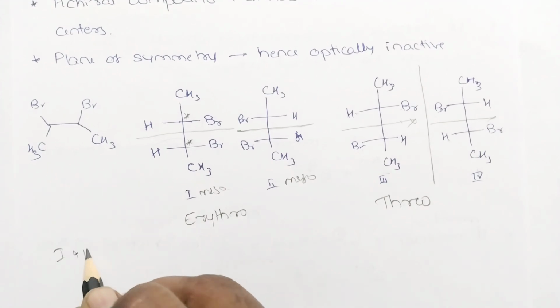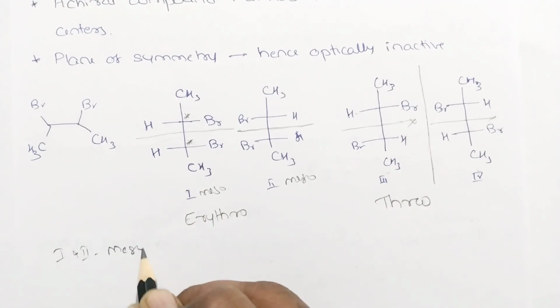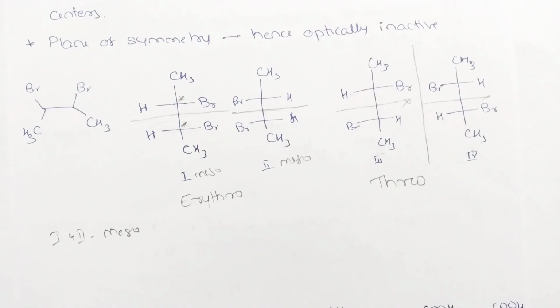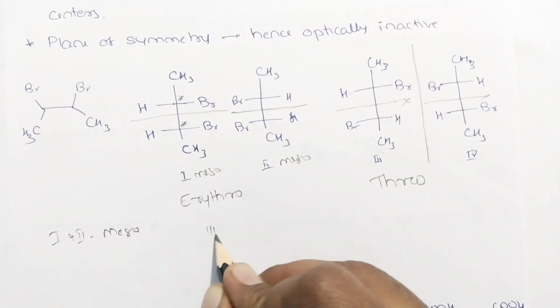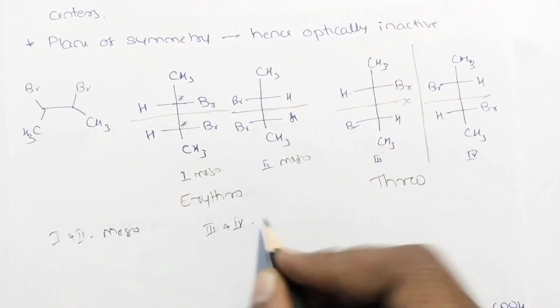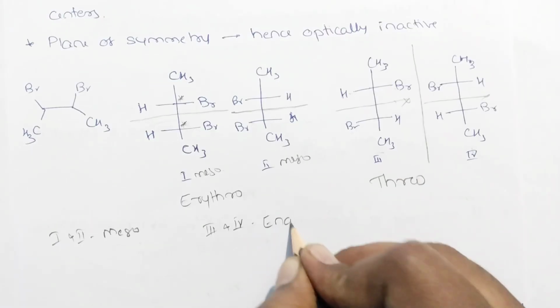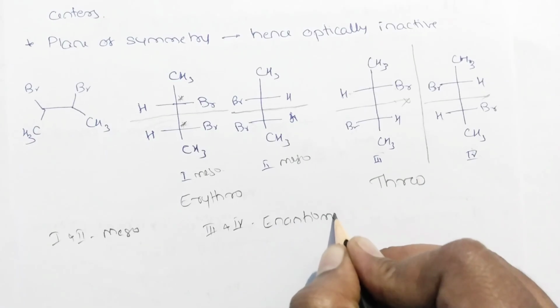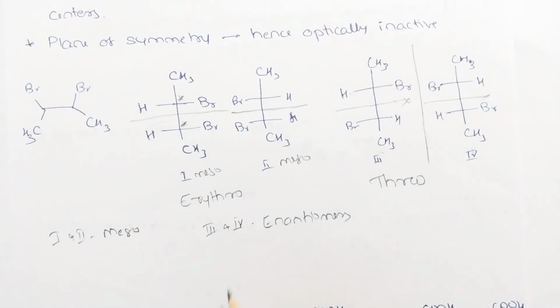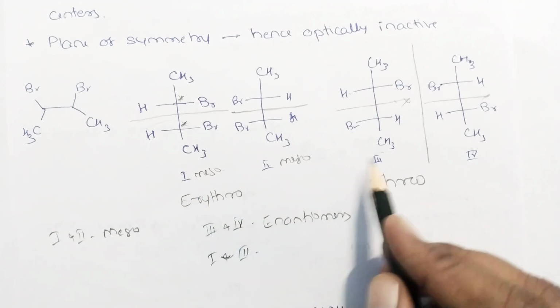Okay, let's check the meso compounds, enantiomers and diastereomers. 1 and 2 are meso compounds because both have a plane of symmetry and are achiral compounds having two chiral carbons. 3 and 4 are non-superimposable mirror images. Hence these are enantiomers. Let's check for 1 and 3.